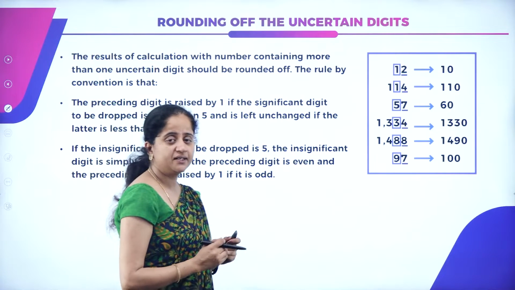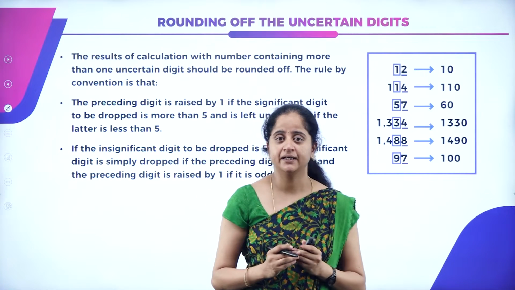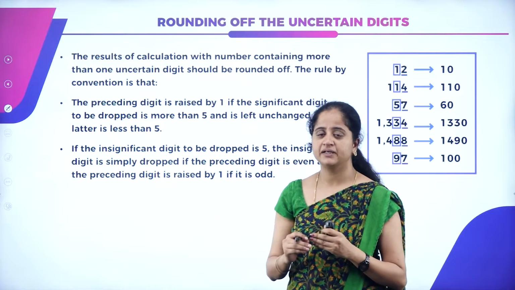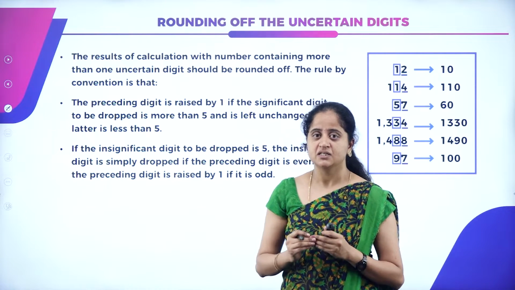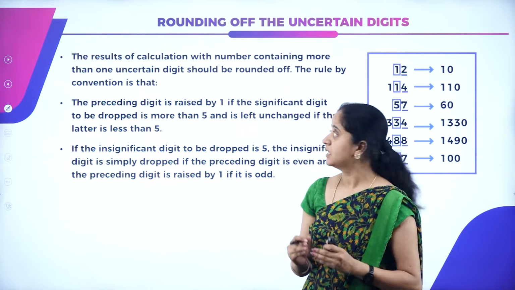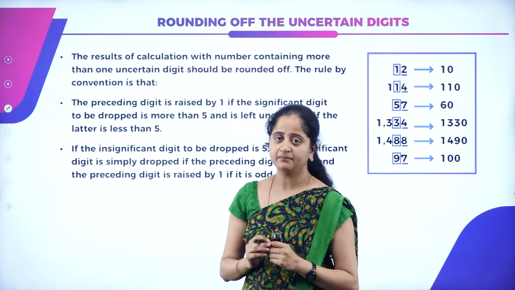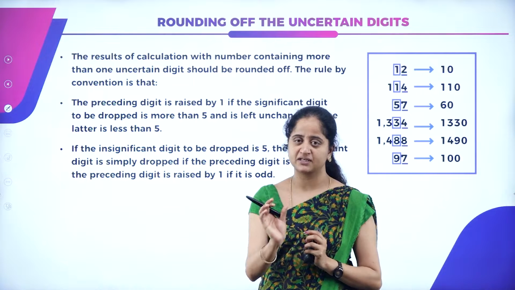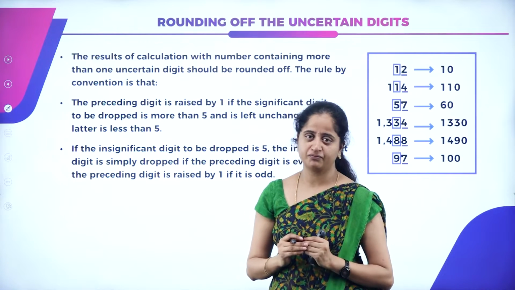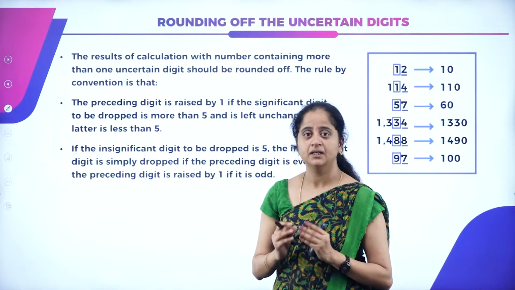We use calculators in our daily life widely. So in calculators, sometimes we will get so many number of digits. So our next concept is rounding off the uncertain digits. To avoid such long numbers, we can round off the number to certain value. What are the rules to be followed to round off a number? Let us see that.